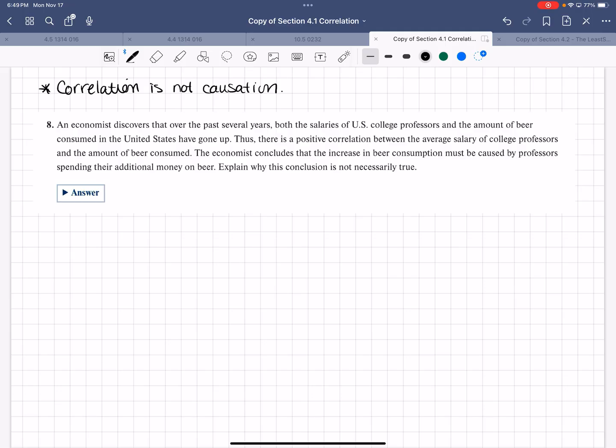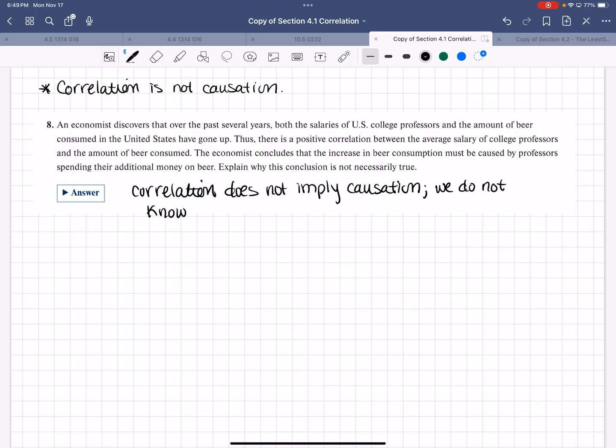And the answer literally says correlation does not imply causation. Okay? And then they go on to say, we do not know who is purchasing more beer.